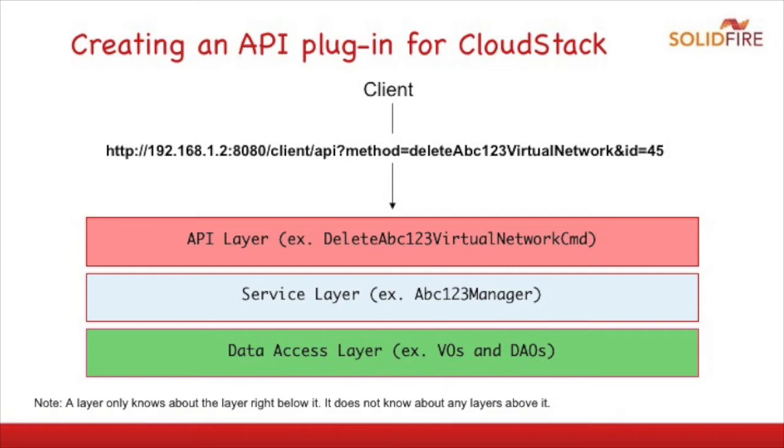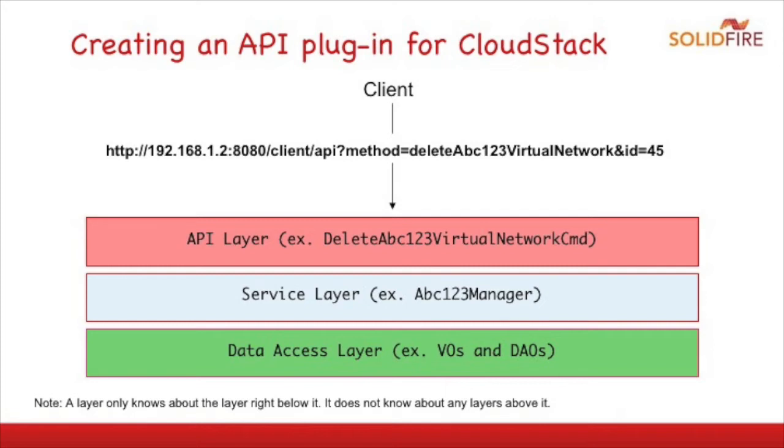The job there is to take those parameters that came in for that command, figure out which business object within the system can get the work done, take the result from that business object, and package it back up in an API object that gets sent back to whatever called it. That could be CloudMonkey or the GUI or whatever is calling us.